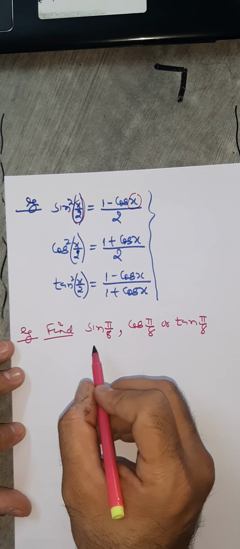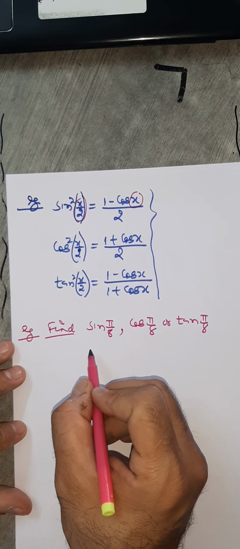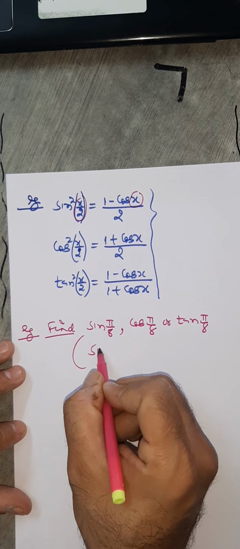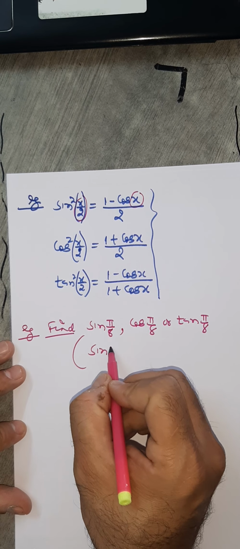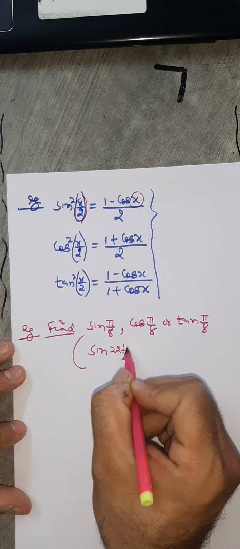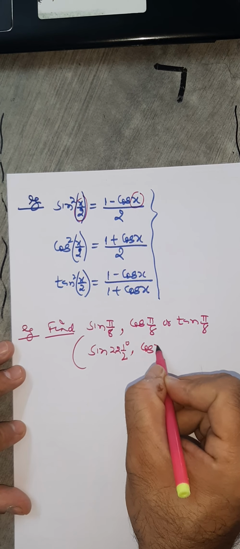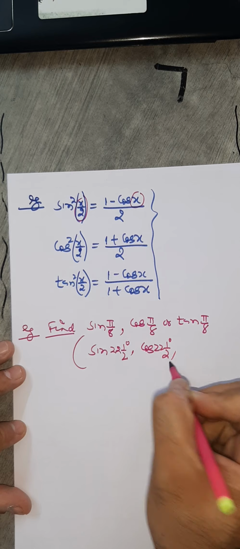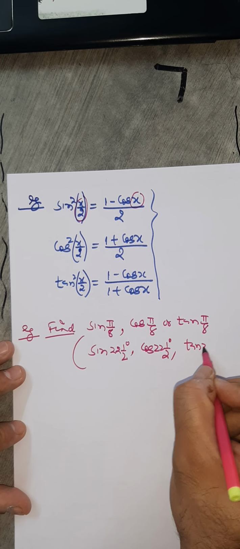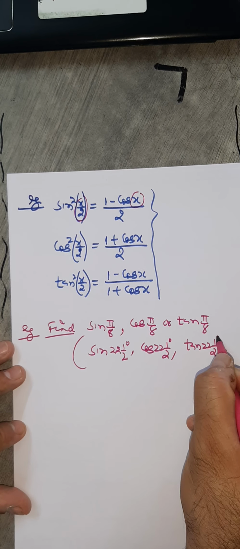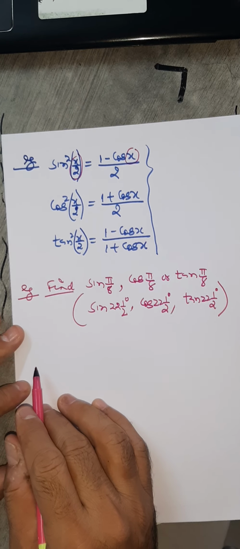Now what is pi by 8? Pi by 8 is half of pi by 4. So this is sine half of 45, that is 22.5 degree. This is cosine 22.5 degree. This is tan 22.5 in terms of degree. Right? We want to find this value.